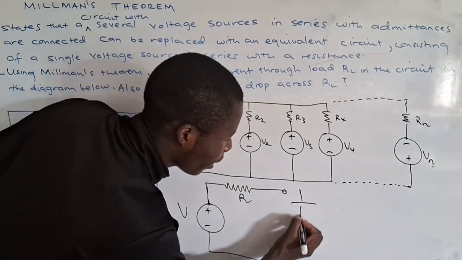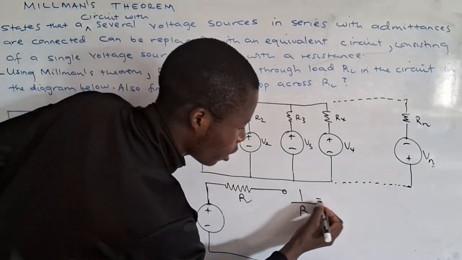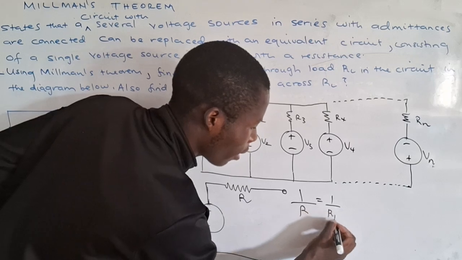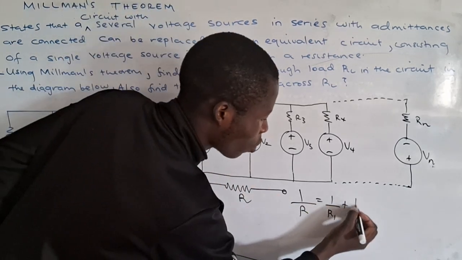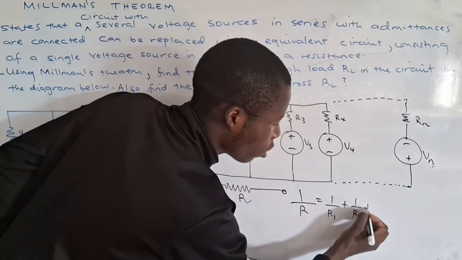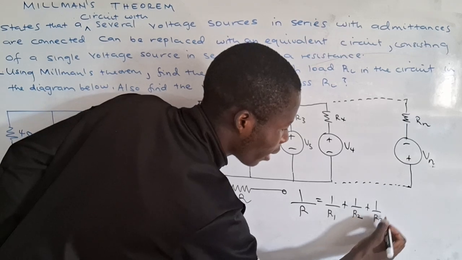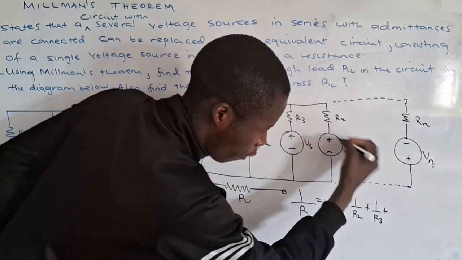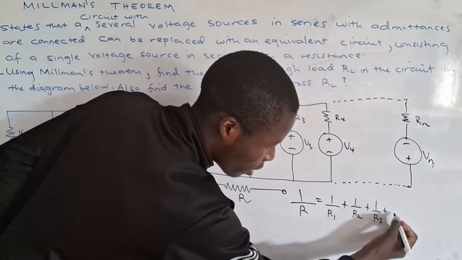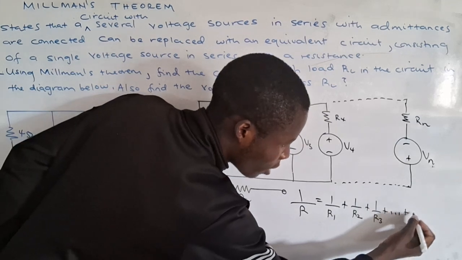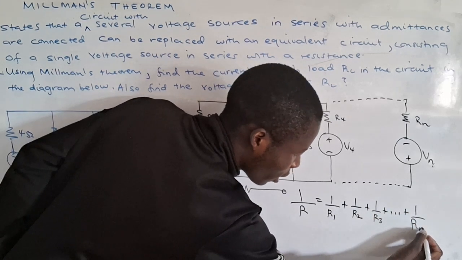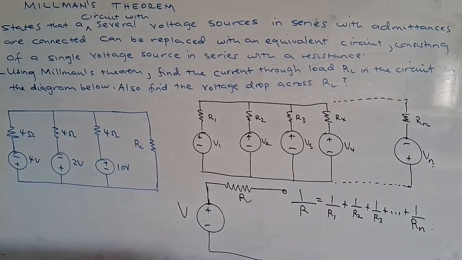So 1 by R is equal to 1 by R1 plus 1 by R2 plus 1 by R3 plus 1 by R4 plus dot dot dot plus 1 by Rn.